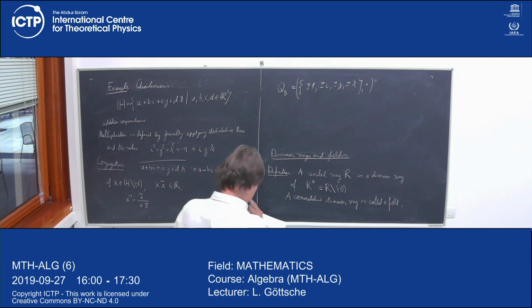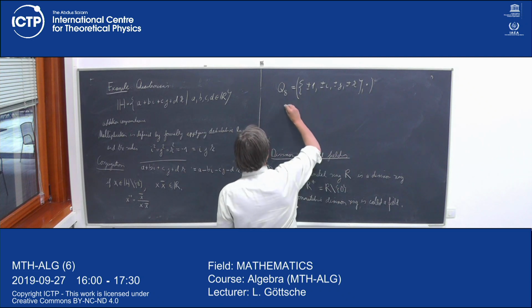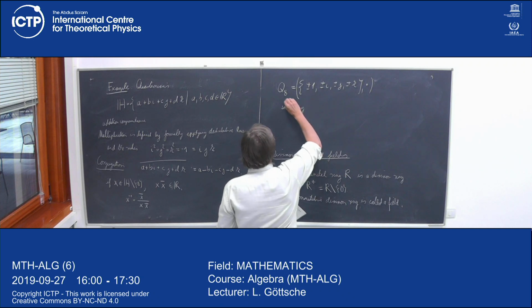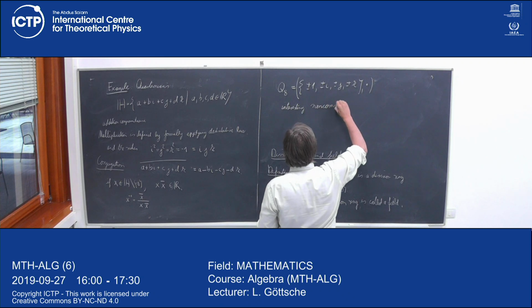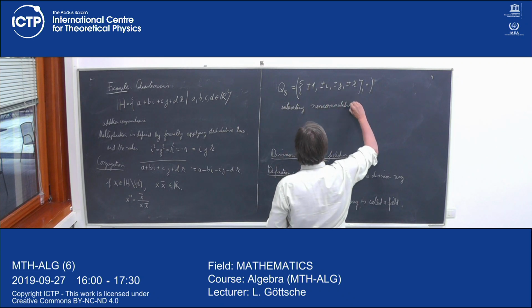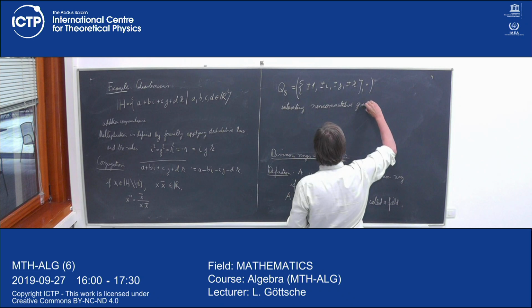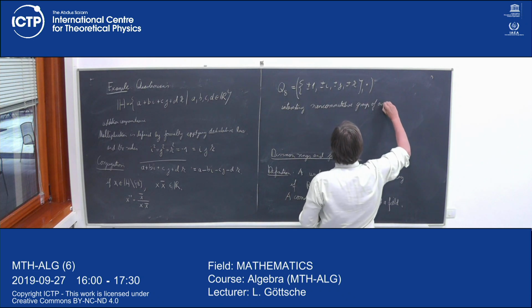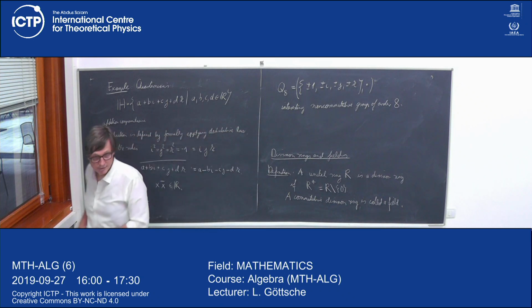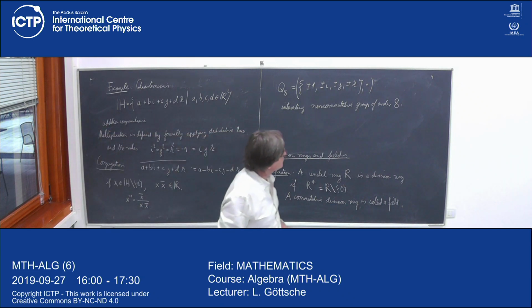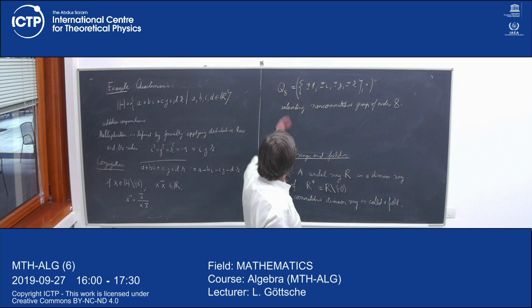And this is an interesting non-commutative group of order 8. Now we had seen that if a group has as number of elements the square of a prime, it has to be commutative.